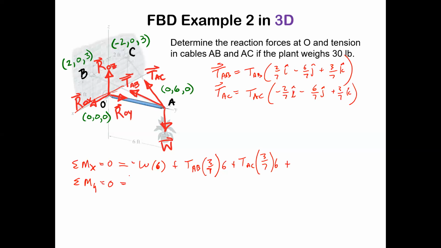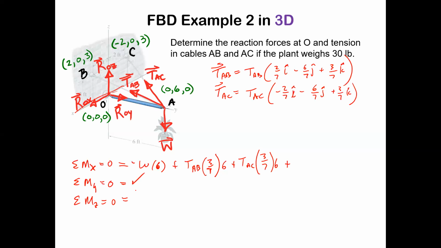So there isn't really any moments about the y-axis. Okay, that already is true. And the sum of the moments about the z-axis equals 0 is going to give us, again, just the horizontal component of TAC, and that's it, is going to give us a moment about the z-axis.